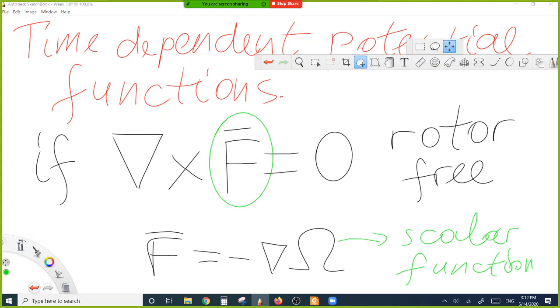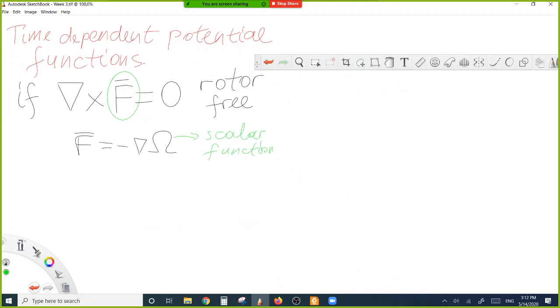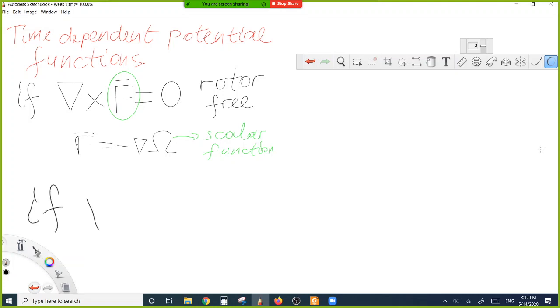Another type of vector field: if the divergence of our vector field is 0, this type of vector field is called divergence free.